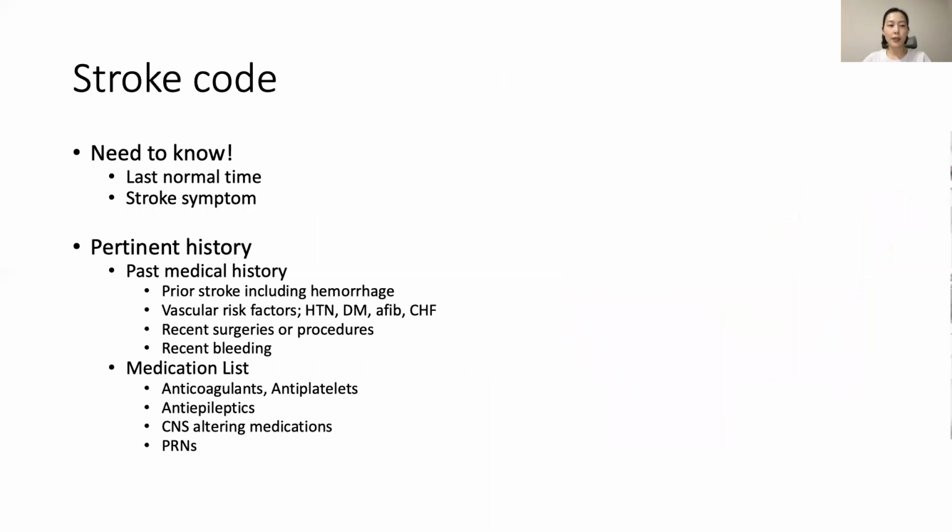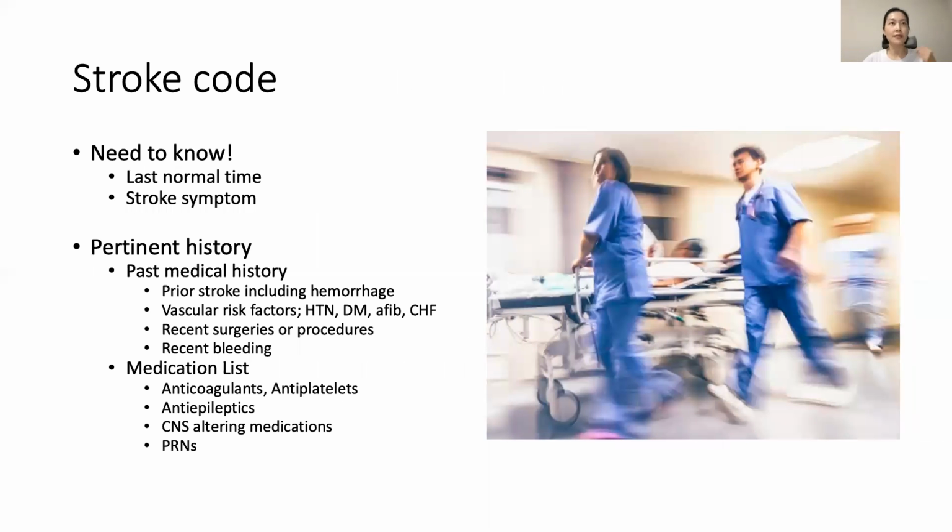There's a few things that we definitely need to know when you activate a stroke code. These two things are last normal time and the symptom that prompted the stroke code. And these are not things that we can find out from the chart. We need to know from the person who activated the stroke code. So please let us know the best estimate possible as to when the patient was last seen normal at their baseline, and then what symptom prompted the stroke code.